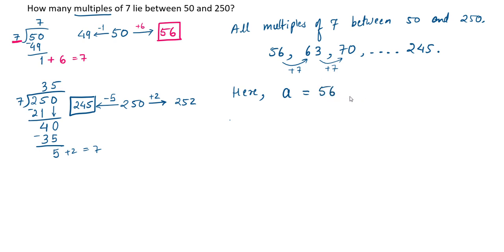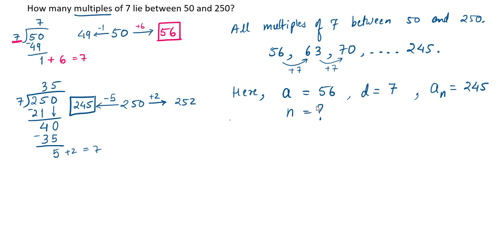The common difference we get by subtracting terms, and since it's 7, we'll take 7. The last term we also know, so we will use it. The nth term is 245. Since I don't know how many terms there are, I will take this as the nth term, and this is what we are trying to find: how many multiples of 7 there are, that is, how many terms are in this sequence. So we are trying to find n.